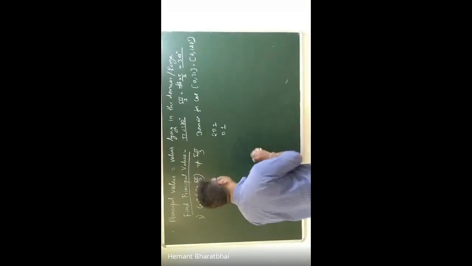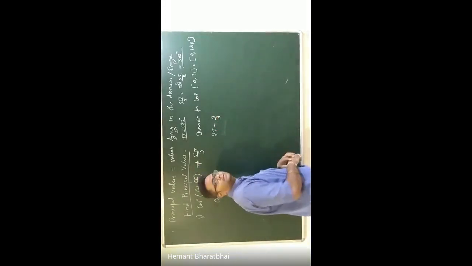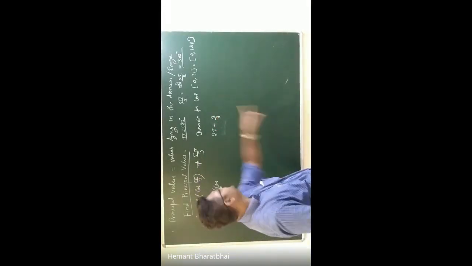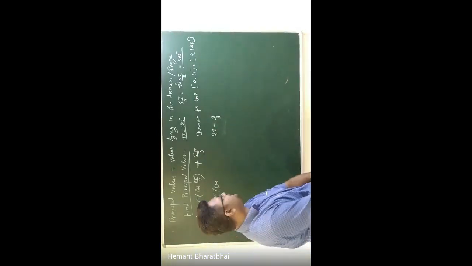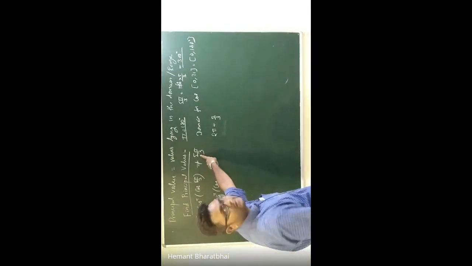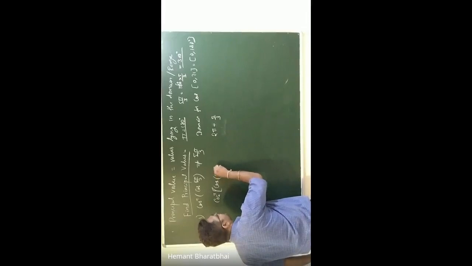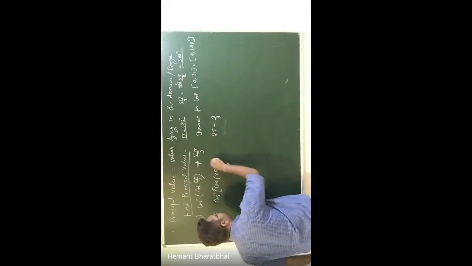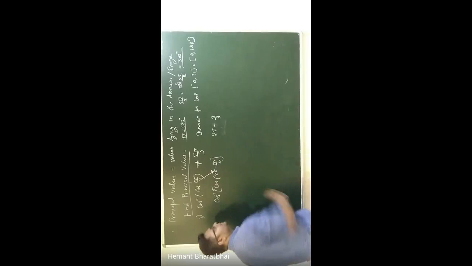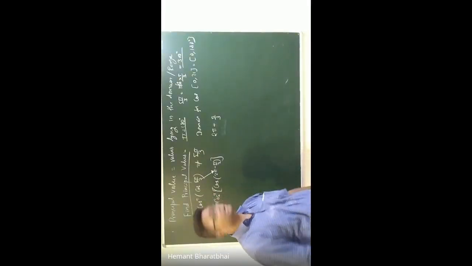So if I do 2 pi minus pi by 3, so 3 into 2 that will be 6, 6 minus 1 that will be 5, so I'll get 5 pi by 3. So this 5 pi by 3 can be written as 2 pi minus pi by 3. So what I've done is I've written 5 pi by 3 as 2 pi minus pi by 3.